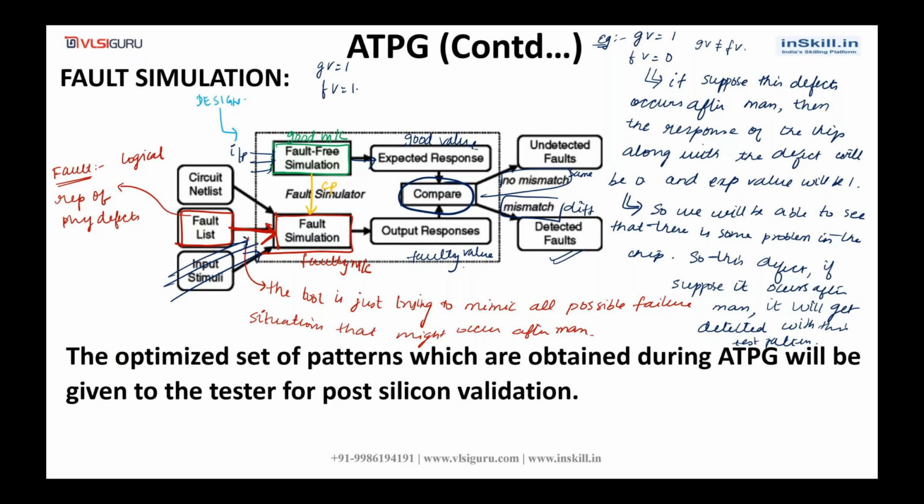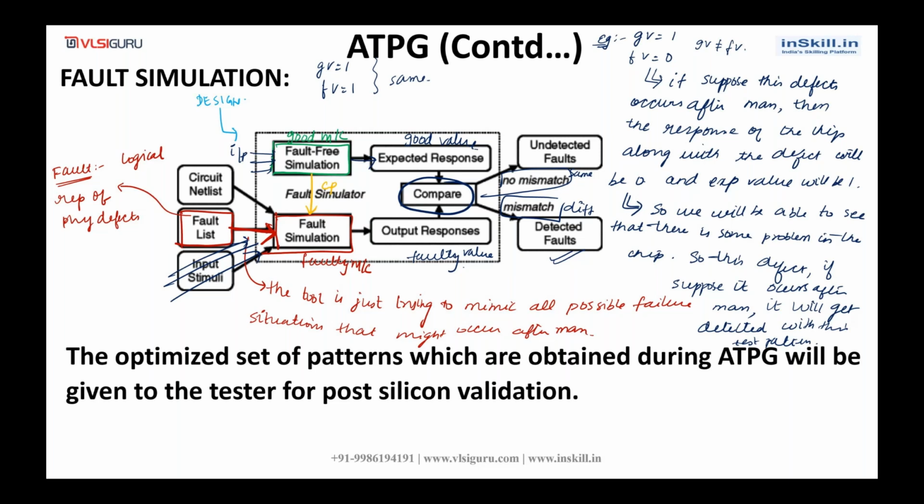So what does it imply? It implies that if suppose this defect occurs after manufacturing, it will not get detected. So for a particular fault, if a particular pattern gives good value equal to 1 and faulty machine simulation value also 1, what does it imply?